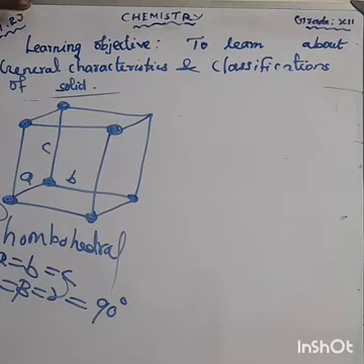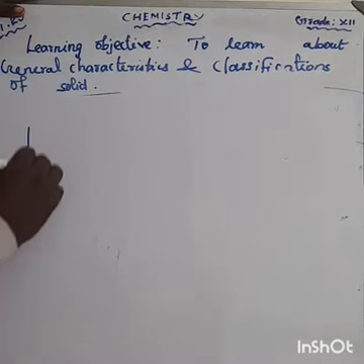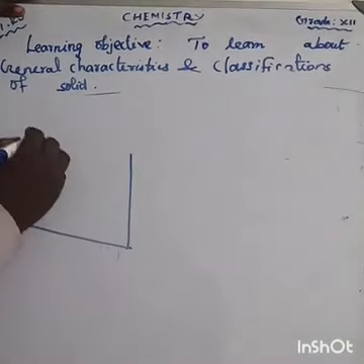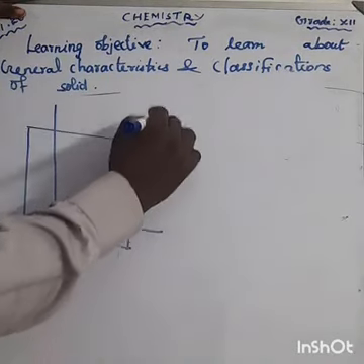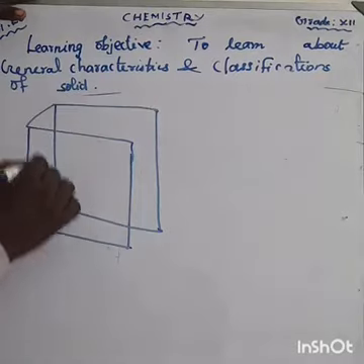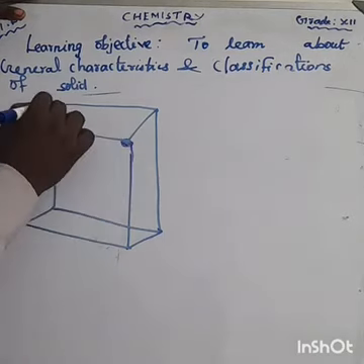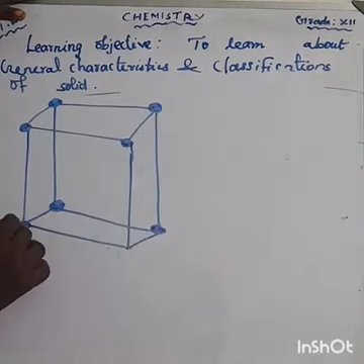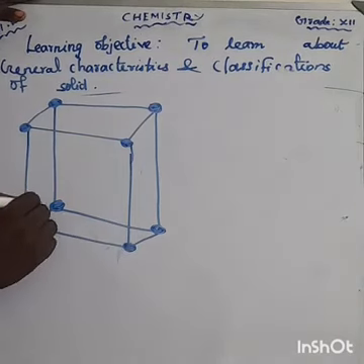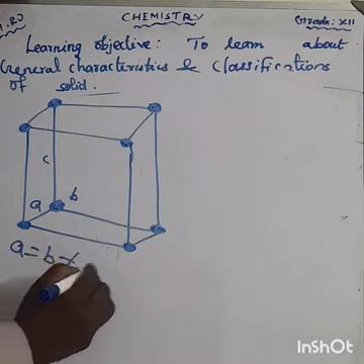Next, the hexagonal. Here a is equal to b, but b is not equal to c.